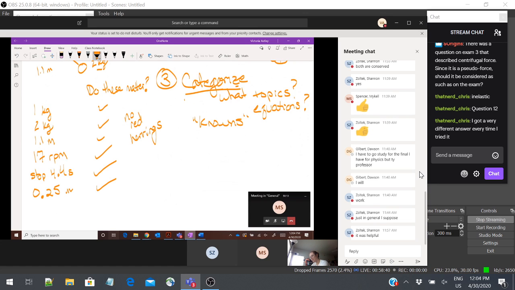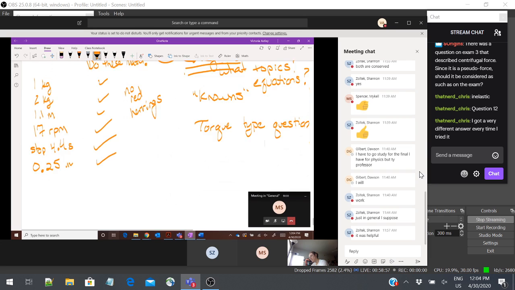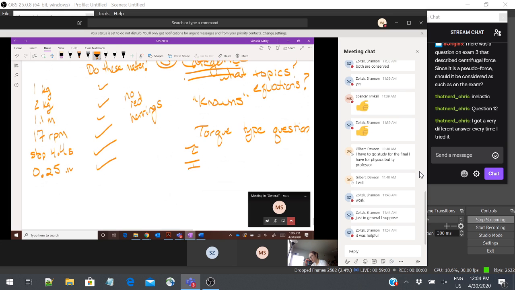Okay, then we think about categorizing. What kind of problem is this? Well, that's pretty clearly a torque and rotation, chapter 12 type question. Some of the equations that are relevant are torque equations and moment of inertia equations.